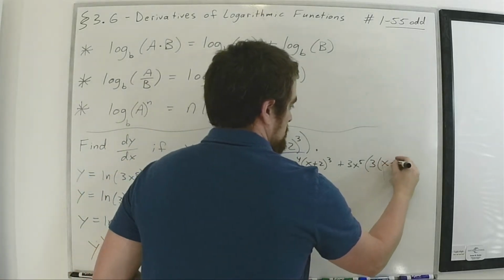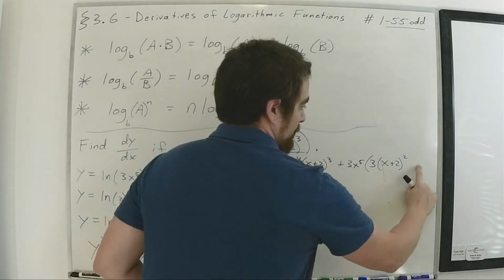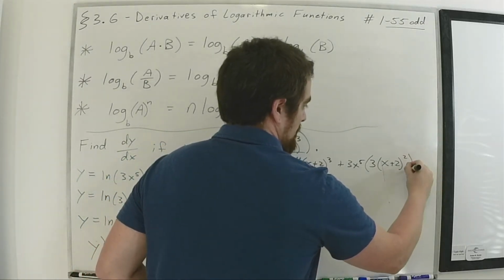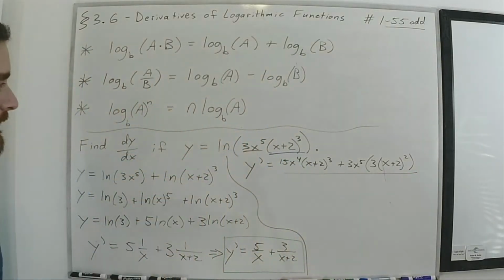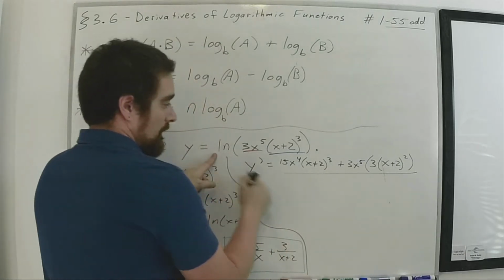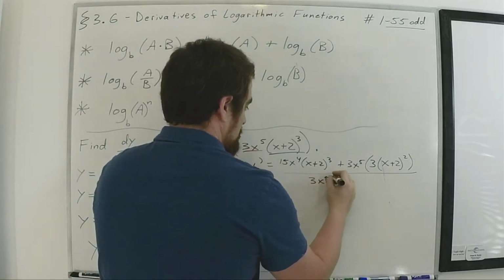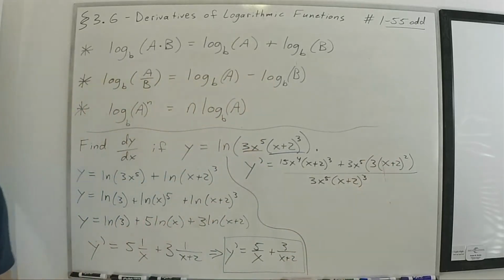So the 3 comes down, I get x plus 2 quantity squared, and then chain rule says I multiply by the derivative of the inside. Lucky for me, the derivative of the inside of that is only 1. That's the derivative of the top times the bottom, because remember, I'm differentiating a logarithmic function. So I do the derivative of the top over the bottom.